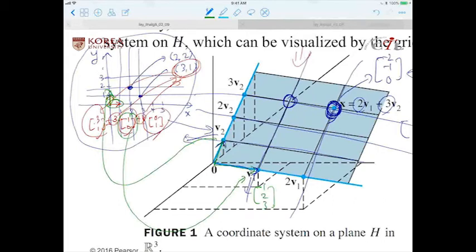That's what I mean by embedding this two-dimensional space into three-dimensional space, right? And then where is this point moved? Okay, (3, 1). It will be over here, right?